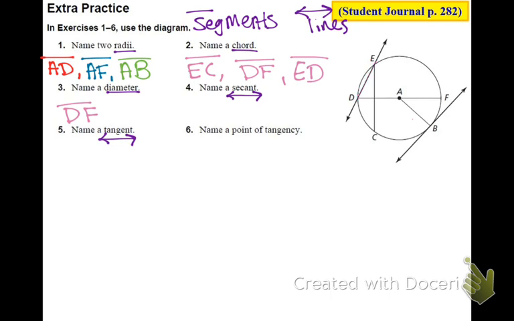When we get to secants, secants cross a circle how many times? 2 times. The only one that does that is ED. But when you name it, since it's a secant, you have to have the arrows above. Because technically it's not correct otherwise.